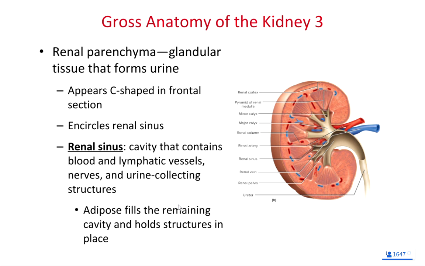We also are going to have the functional tissue of the kidney. This is a term that I didn't really spend a lot of time emphasizing. Parenchyma is a generic term for the functional tissue of an organ. So the renal parenchyma is the functional tissue of the kidney. This particular tissue is the tissue that's going to make the urine, the secretion that comes from our urines.